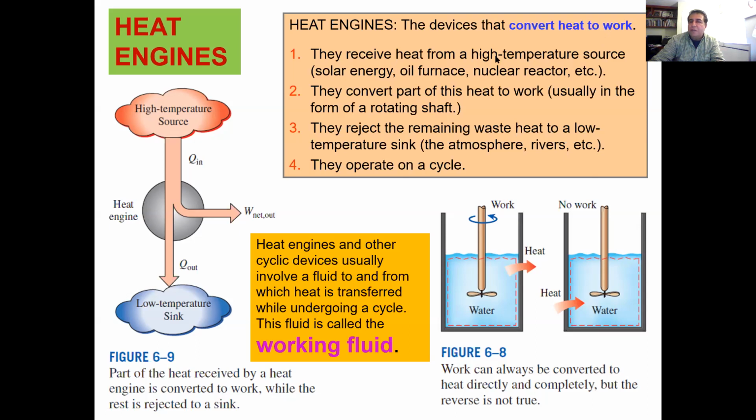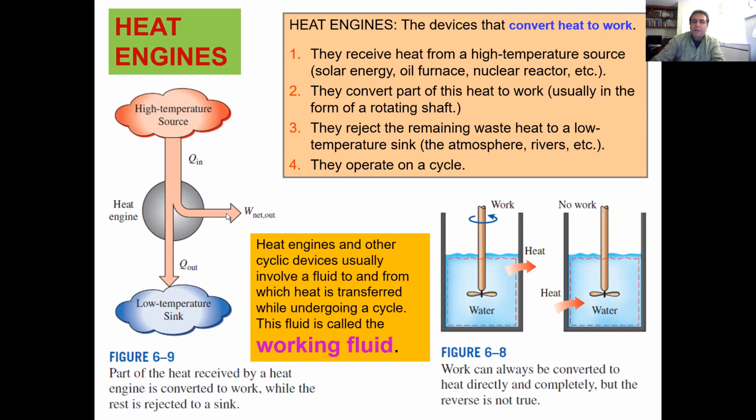They receive heat from a high temperature source, like solar energy, oil furnace, nuclear reactor. And then they convert part of this heat to work, usually in the form of a rotating shaft. If the shaft is not rotating, then no work is done, okay? They reject the remaining waste heat to a low temperature sink, okay?